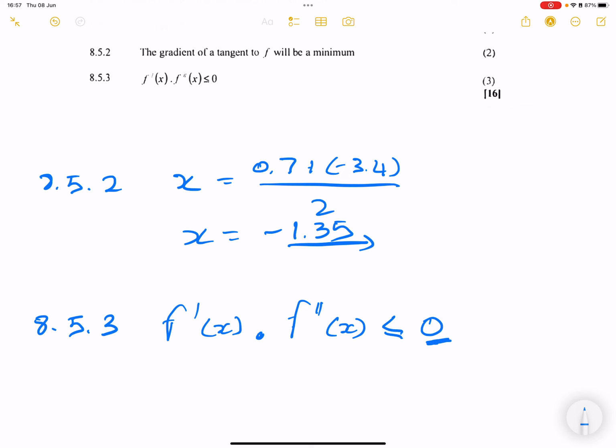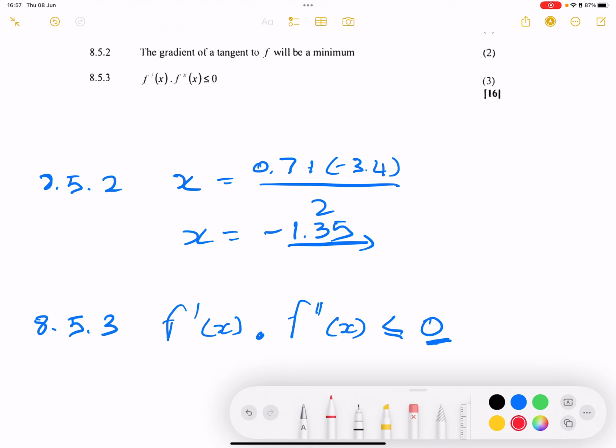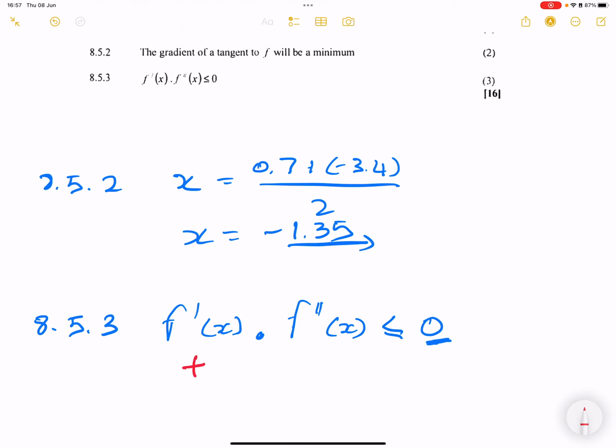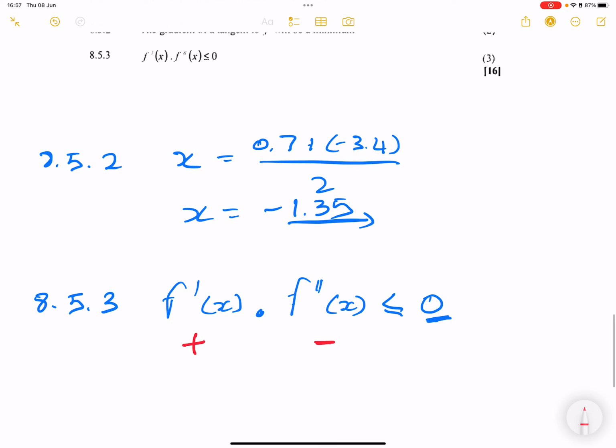It means it becomes negative. So when do we have a negative? We could have a negative when this one is positive and this one is negative. Let's talk about the first scenario, where the gradient is positive, so where this graph is an increasing function. But what does this mean for f double dash?